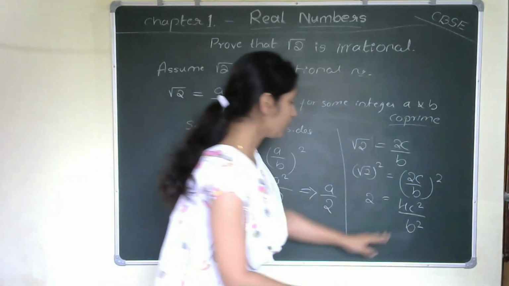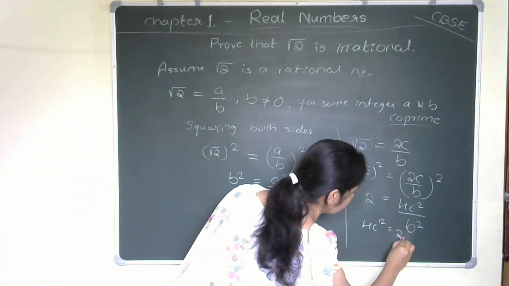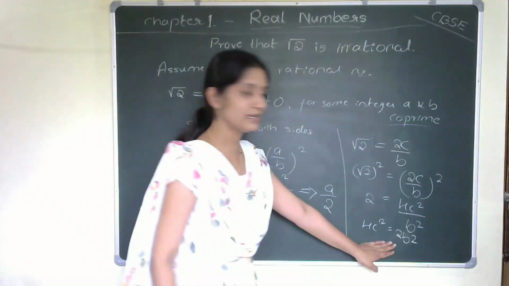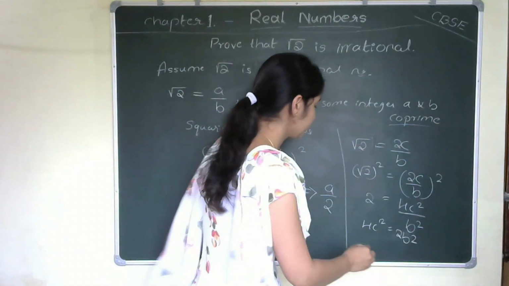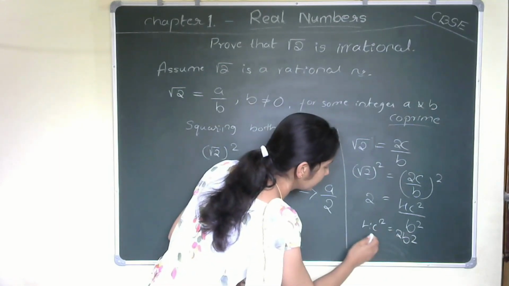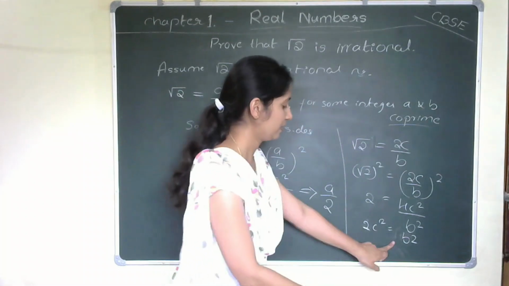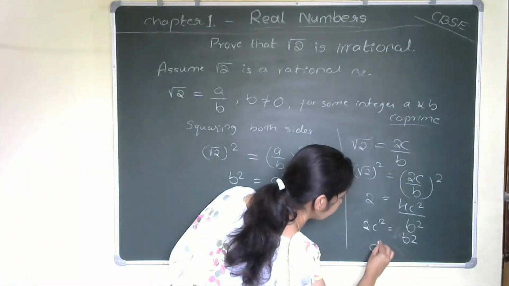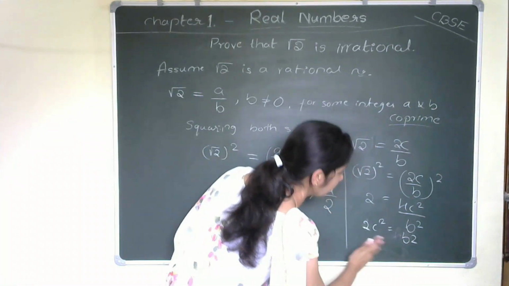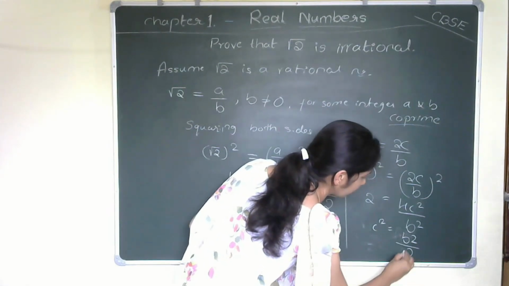So I can write 4c square equal to 2b square, right? Or in other words, I can cancel 2 here, so it becomes 2c square equal to b square. So I can write c square equal to b square by 2.